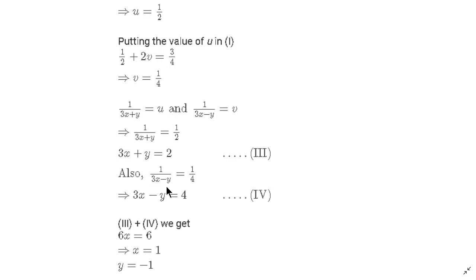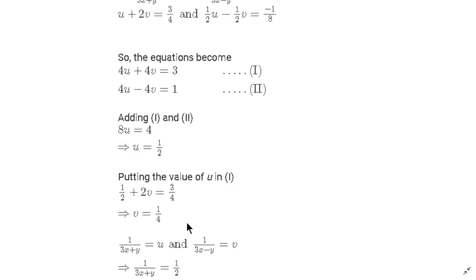We can just add them to cancel out. 6x is equal to 6, x is equal to 1, and put the x in any of these xy equations, we will get y is equal to minus 1. That's why we are getting these solutions.